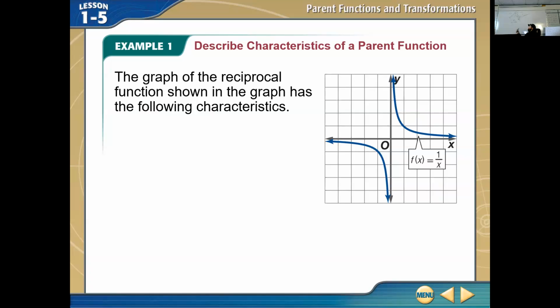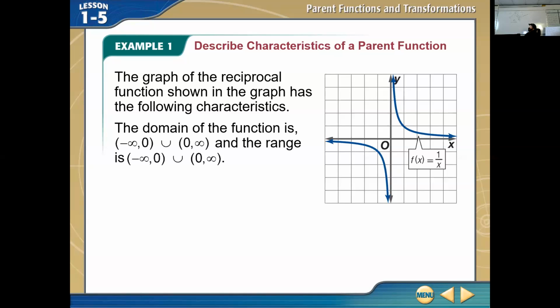And it doesn't matter how far away from 0 we get, we'll never truly hit 0 because we have the 1 in the numerator. The domain of the function is from negative infinity to 0, union 0 to positive infinity. And the range is the exact same: from negative infinity to 0, union 0 to positive infinity.